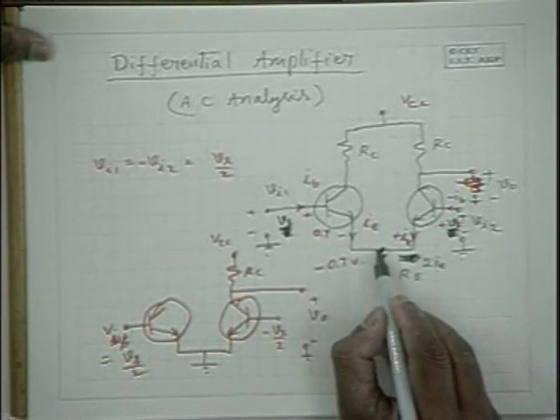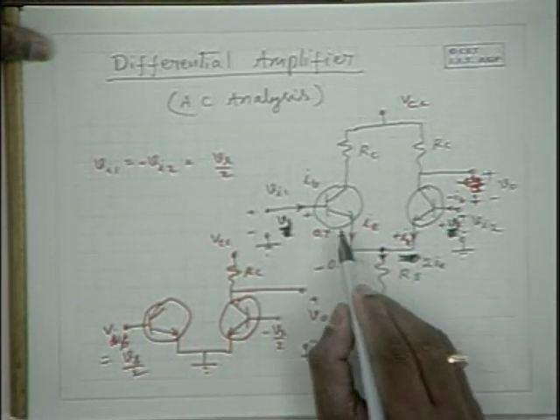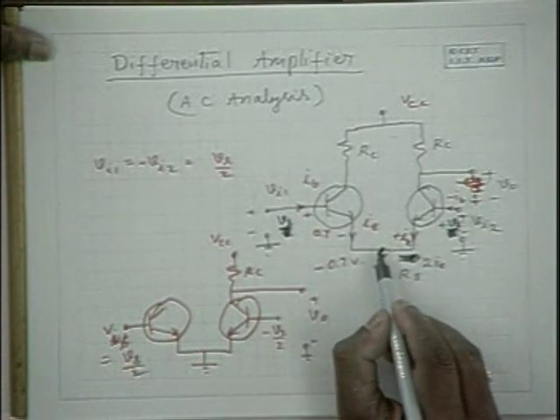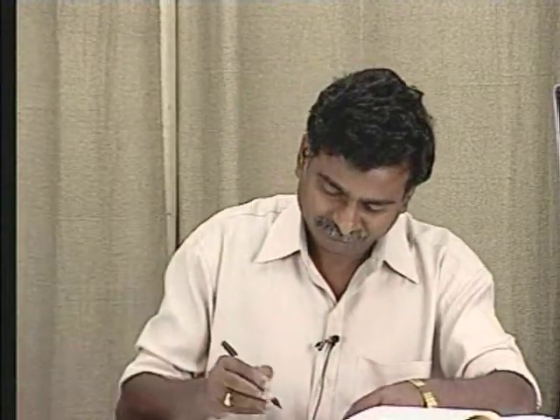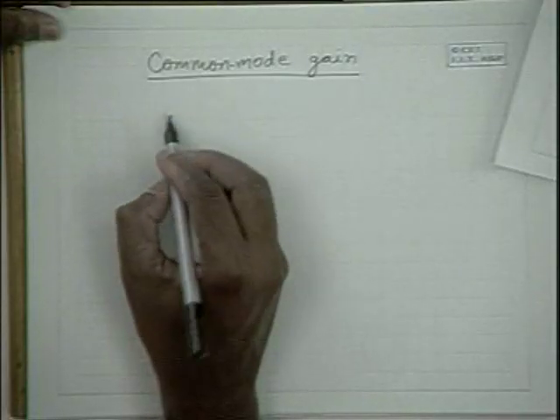Hence, this does not remain constant and this voltage does not remain constant. Hence, we have to take Re into account, and by taking Re into account, we can draw the equivalent circuit in this fashion as given here. So let us use the approximate Re model.